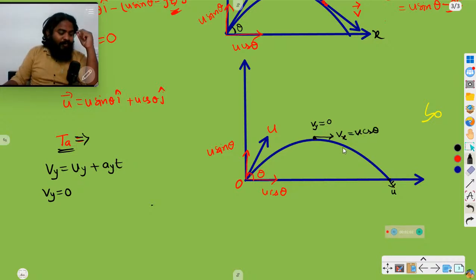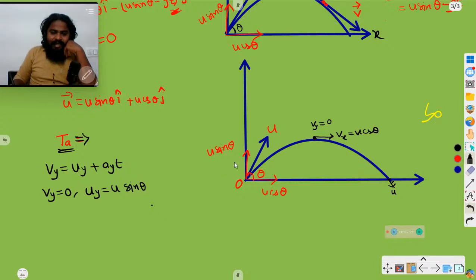I told you in the previous class also, horizontal velocity is always constant, because there is no acceleration to change the horizontal velocity. Clear? That is why you have to consider Vy = 0, and Uy is equal to u sin theta.